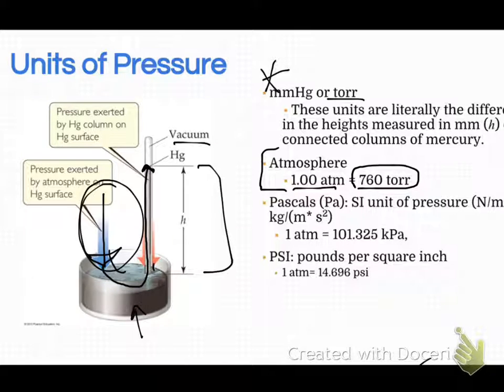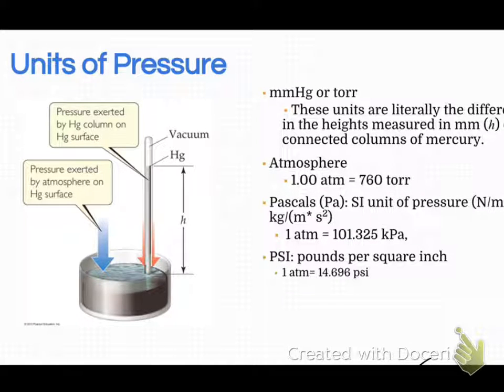And so that is our definition for standard pressure. It's 1 atmosphere or 760 torr. They actually mean exactly the same thing. Okay, so that's kind of the way back ago definition of pressure was torr, and now we also use atmospheres.